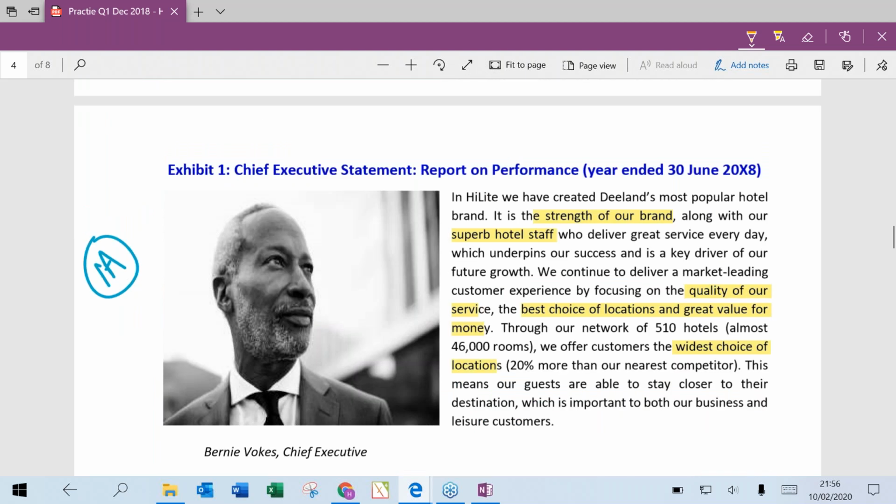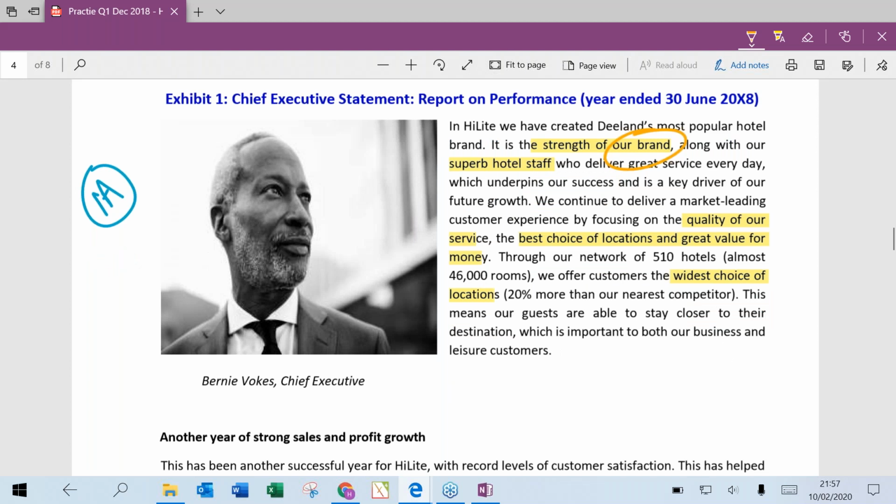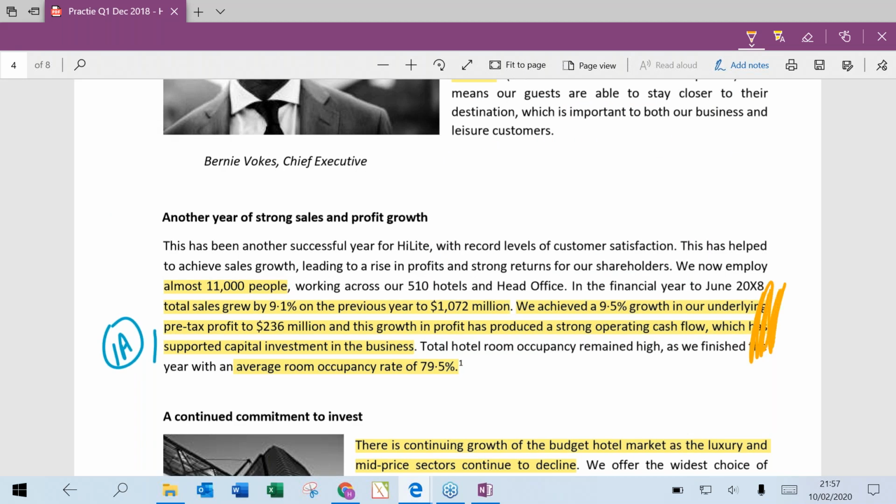Just pick these up. Okay. So brand is one of their things. Staffing, you see good financial cash flows.